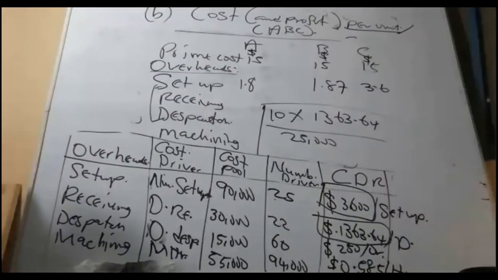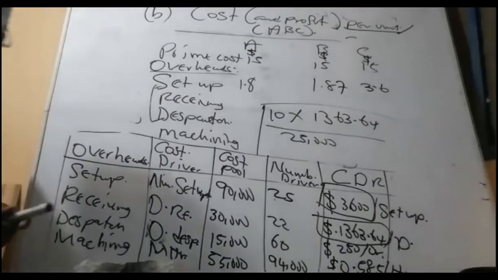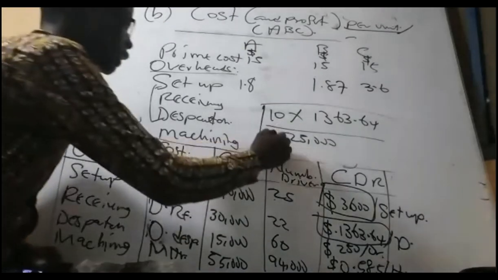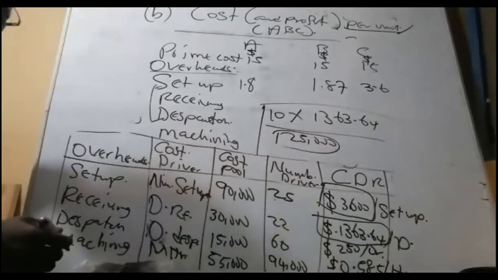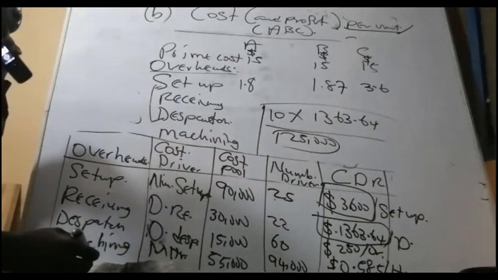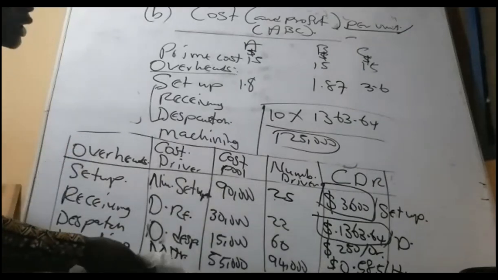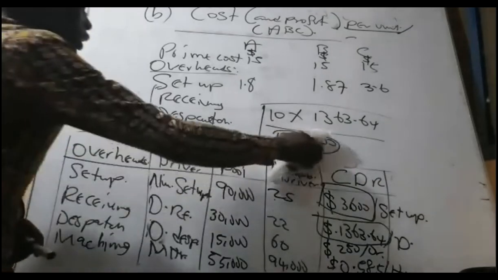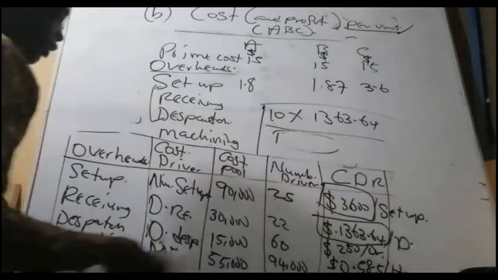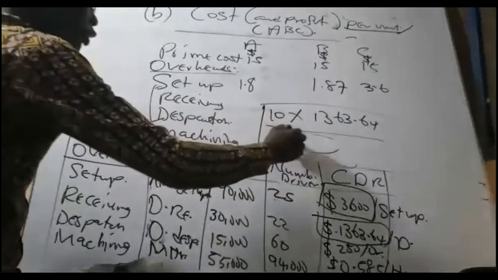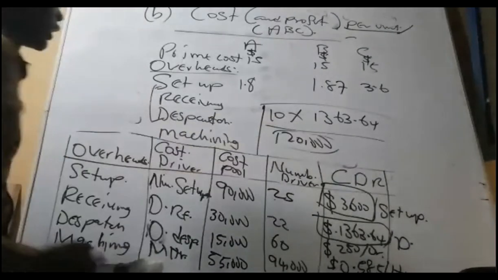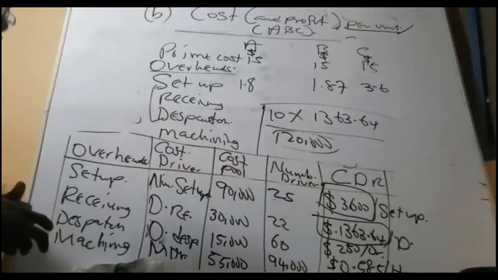Okay. So this answer goes for B because this unit is for B. So the answer is 0.55. What about A? A is 20,000, right? So A here will be 20,000 units. That is all.